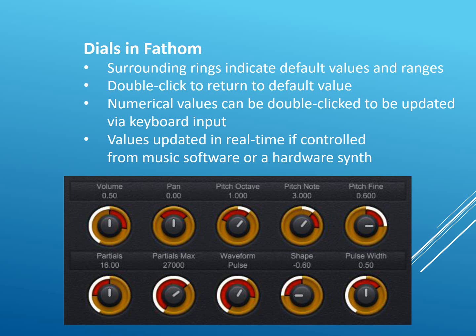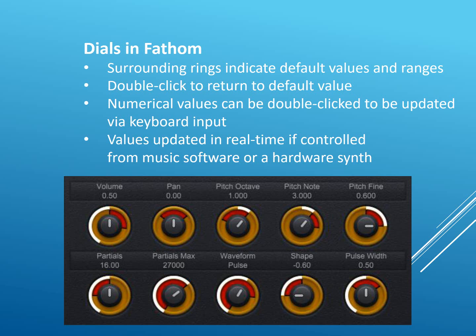The length of the white line depends on the deviation from the default value, and the red line indicates the range that the user has set for a specific value. So you modulate between these two values. Double click returns to the default value, and it's really a smart thing.